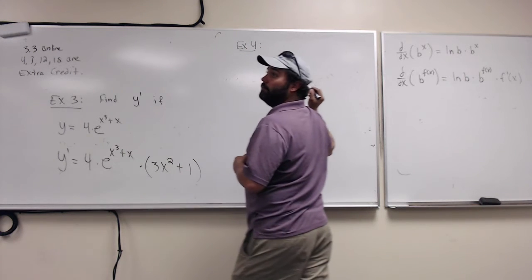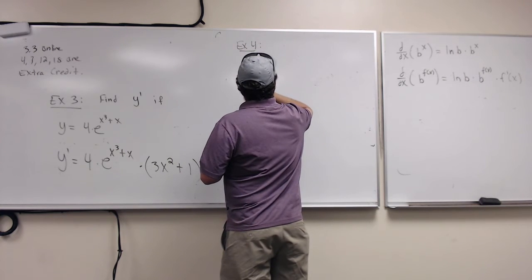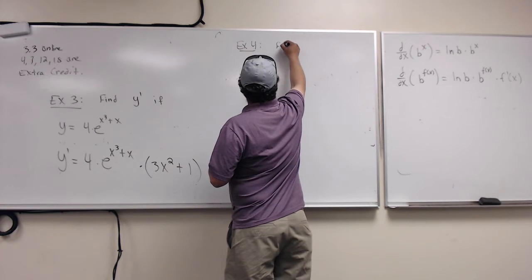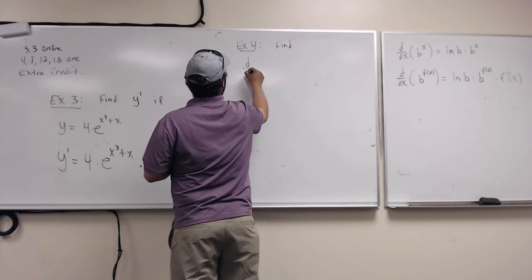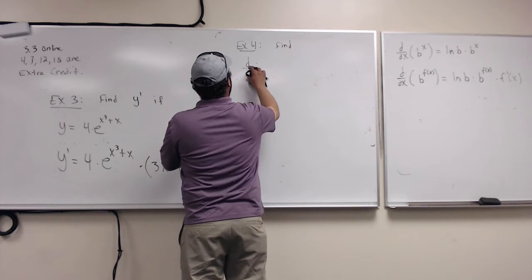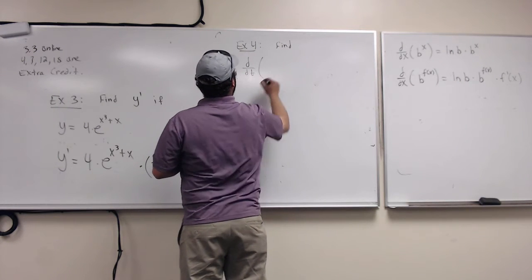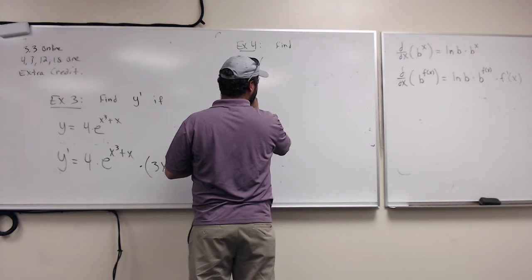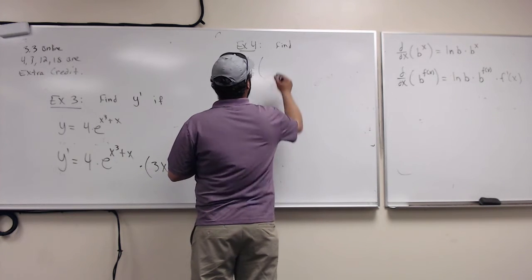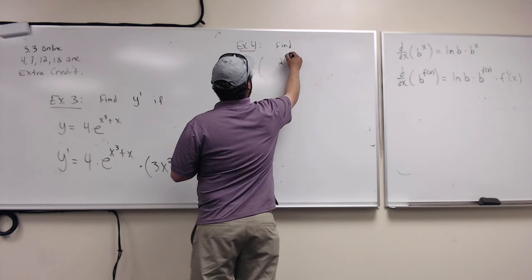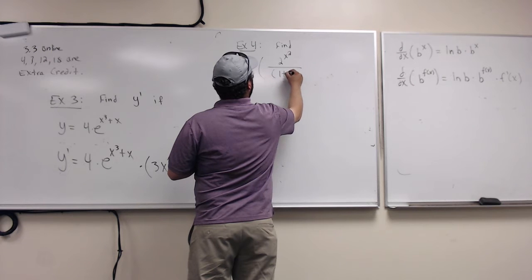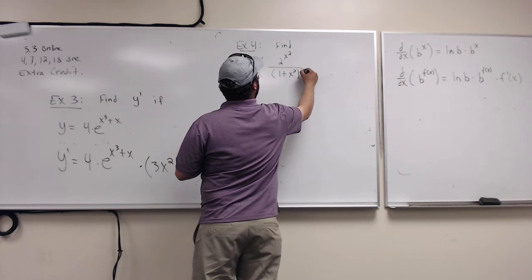How are we on time? Oh, we're doing pretty good. What if I say, let's find, this time I'll use the Leibniz notation, and I'm going to switch it to t's. What if I want d over dt of, let's say, 2 to the t squared over 1 plus t squared, squared.